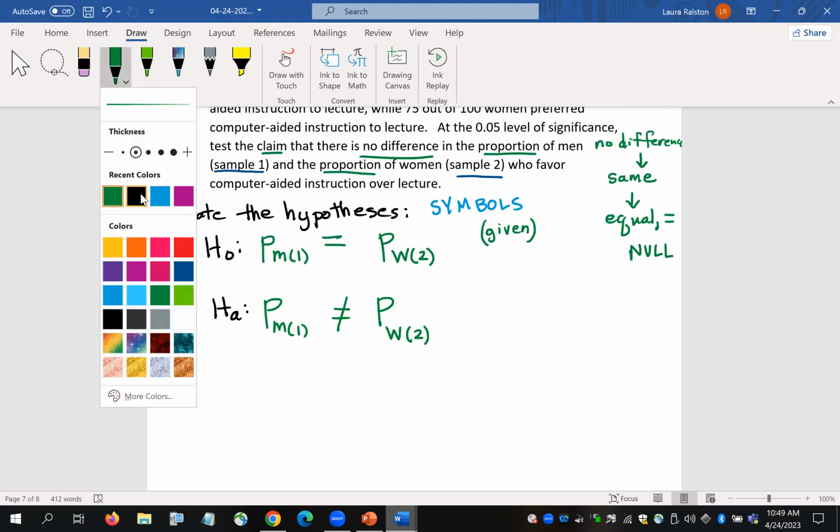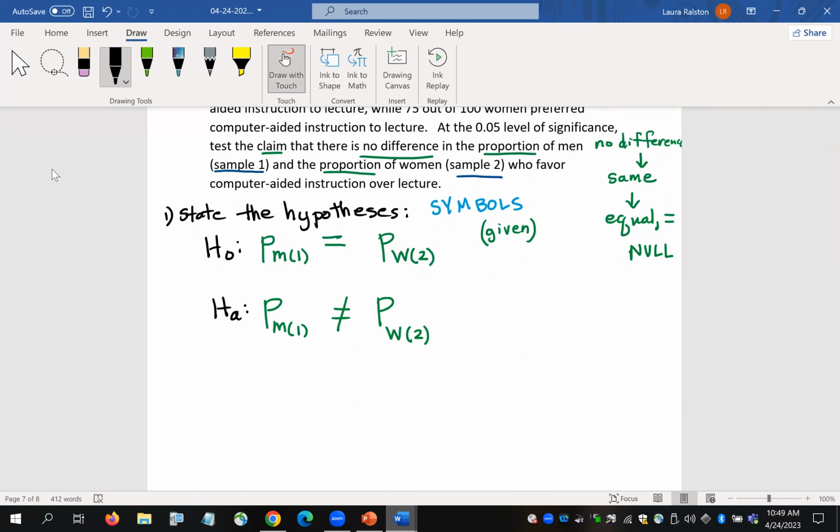Step 2, you have to identify the players.